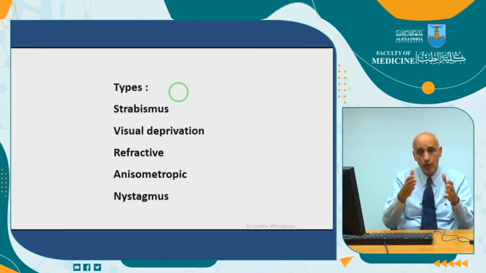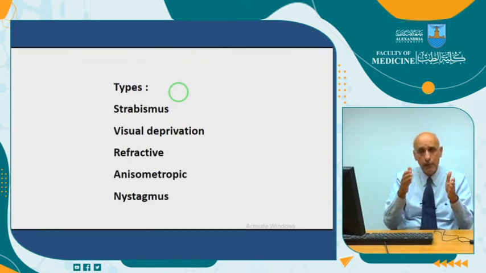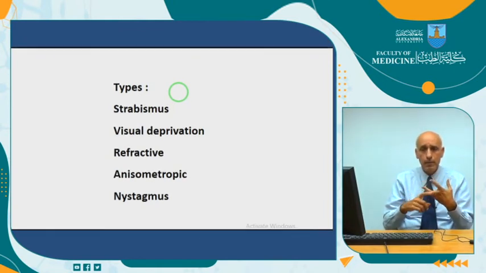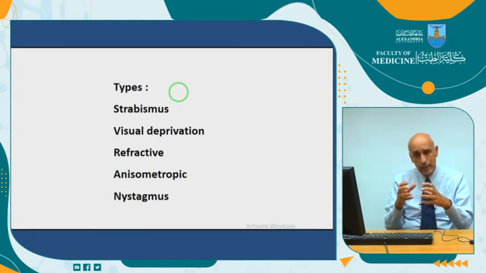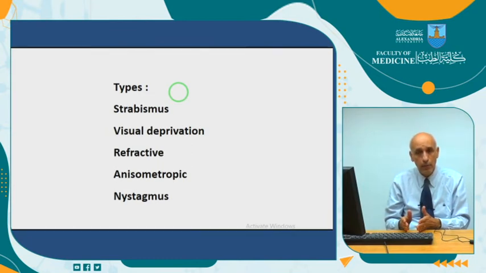Later on when you correct this squint, this eye will not be a proper seeing eye because of the presence of amblyopia. Or due to vision deprivation, that means this child has a cataract, a corneal problem, or any problem with the optic nerve, whatever pathological cause in his eye that led to decreased vision, that led to development of amblyopia.